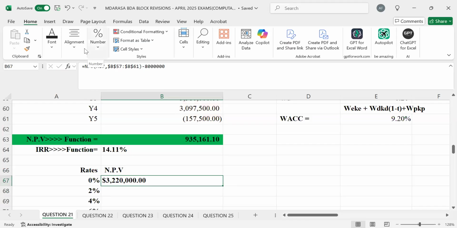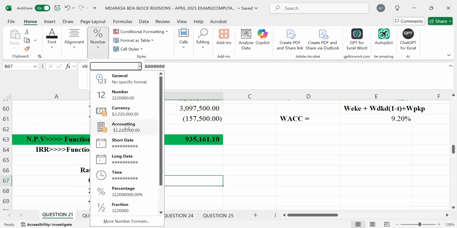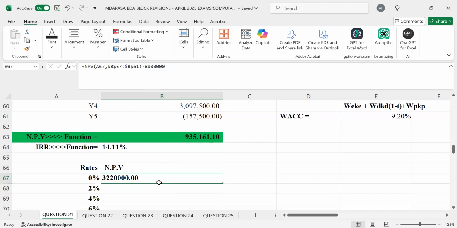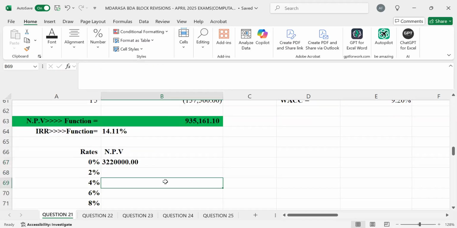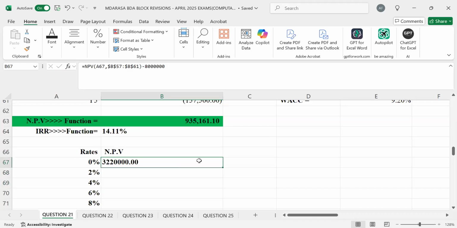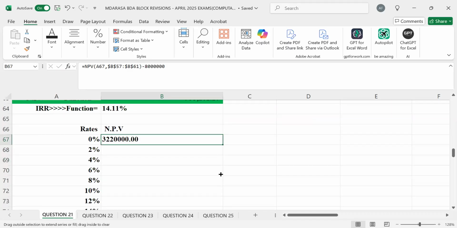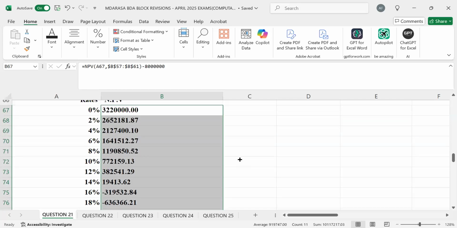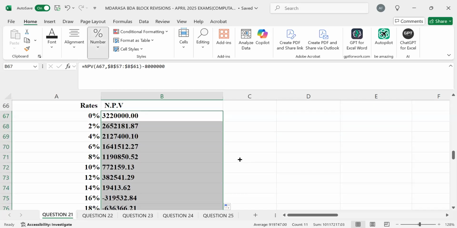I want us to achieve that. The reason why you've locked is to make our work much easier, so that I just drag this one all through, which will give us our different NPV at different rates.